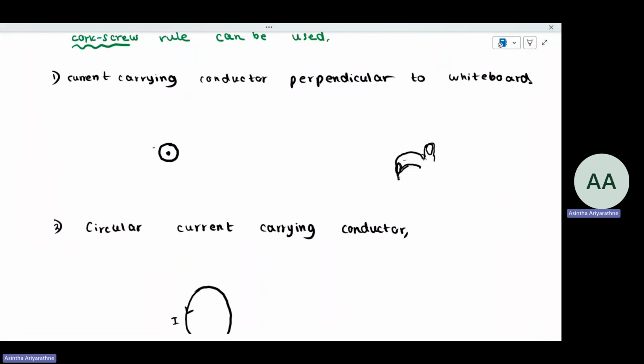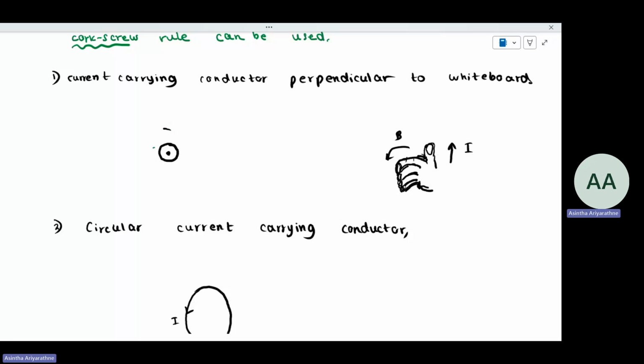Sorry about the drawing, it's not good. So this is the direction of current, and this is the direction of the magnetic field in this case.